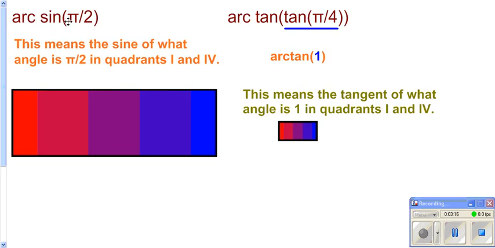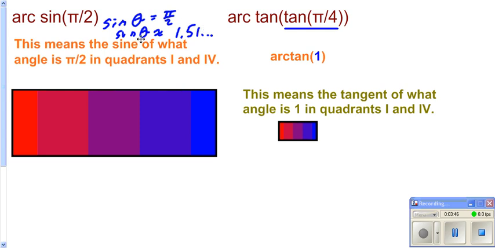Arc sine of pi over 2 means the sine of what angle is pi over 2, which really means the sine of some angle is approximately 1.57, because pi over 2 is approximately that.